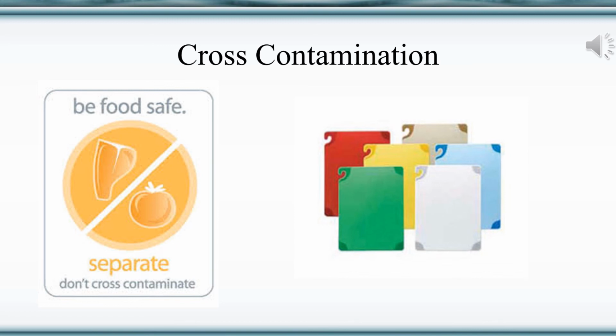And you'll notice in the picture, all of these cutting boards are of different color. Something as simple as that is very effective at helping you to remember to separate the raw meats from other foods and foods that still need to be cooked from the ready-to-eat foods.